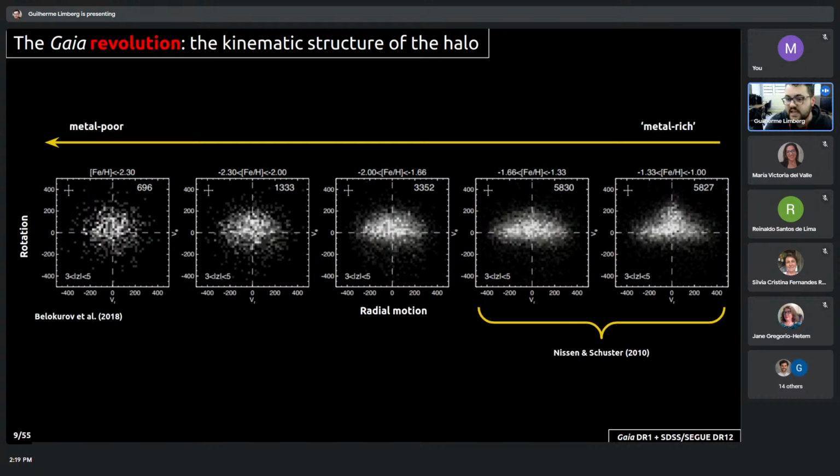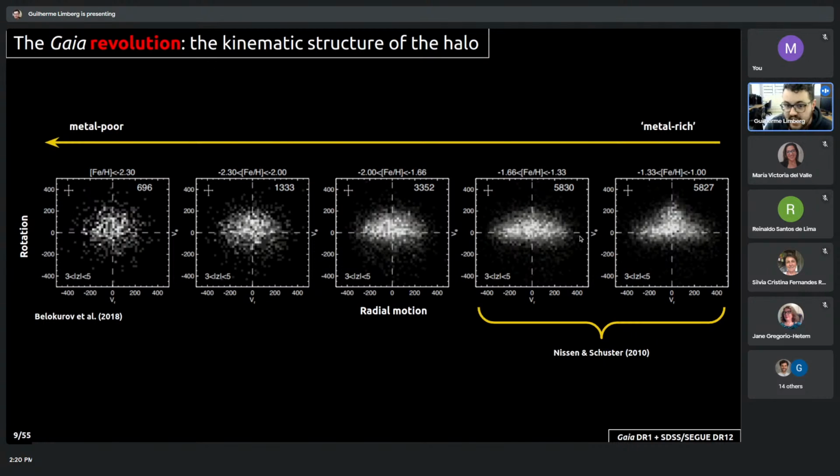And what we can see in these velocity distributions, in the horizontal axis, we have the radial motions of stars, and in the vertical axis, we have the rotation. And what we can see is that, indeed, within the metallicity interval analyzed by Nissen and Schuster back in 2010, in the previous slide, most of the stars have this behavior where they have almost no rotation at all.